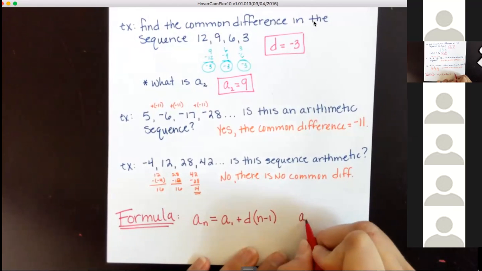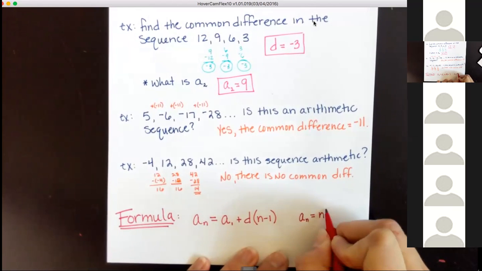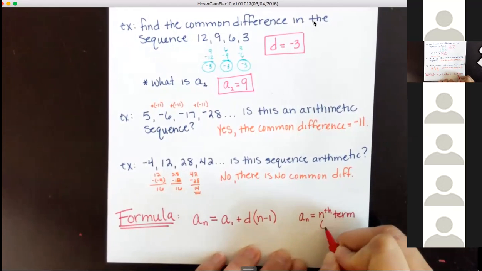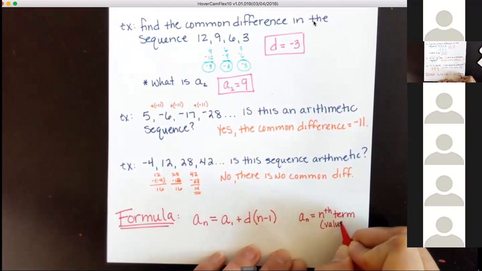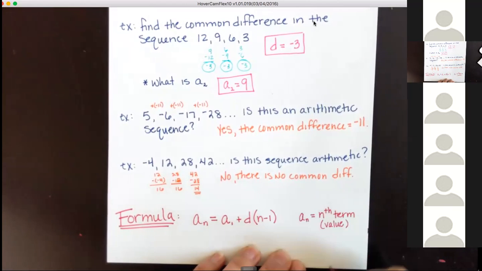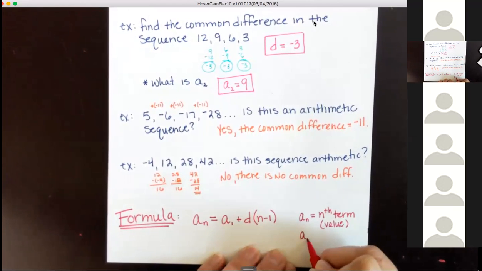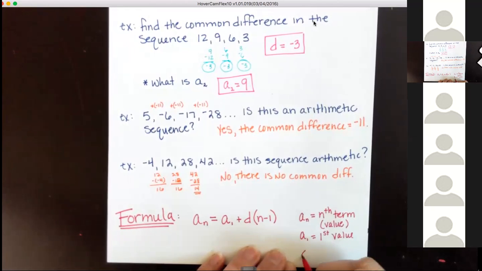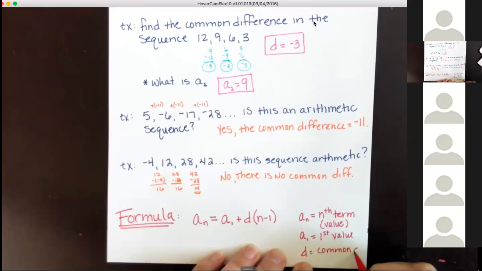So a sub n is the nth term, the value we're looking for. a sub 1 is our first value. d is that common difference, that pattern we've looked for.